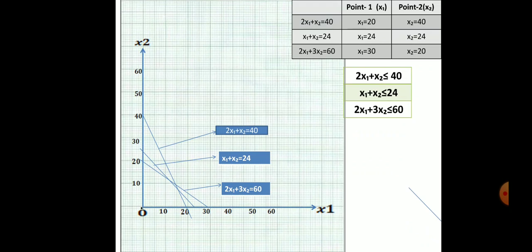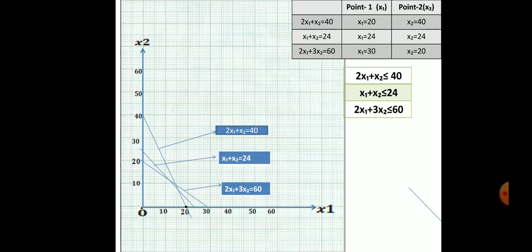Next, on the x1 axis, we have three lines drawn at the points 20, 24 and 30. Which is the least one? Compared to all three, 20 is the least one, so there we have to draw a line.